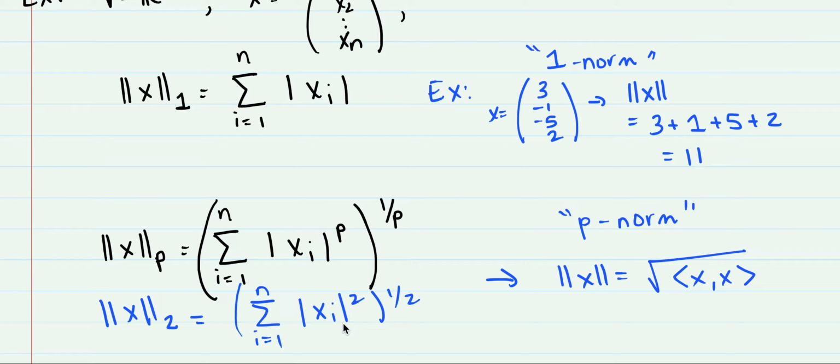Because squaring it is going to be positive anyway, and you're summing the things up, and then you're taking the square root of it, which is exactly what I have written here. So the 2 norm is actually just the regular inner product norm.